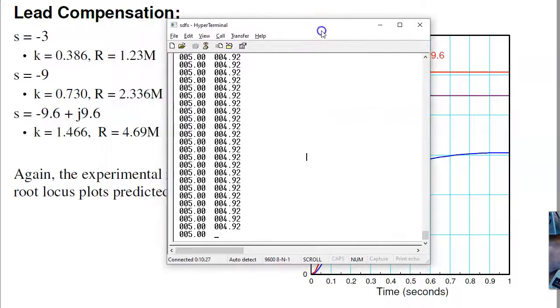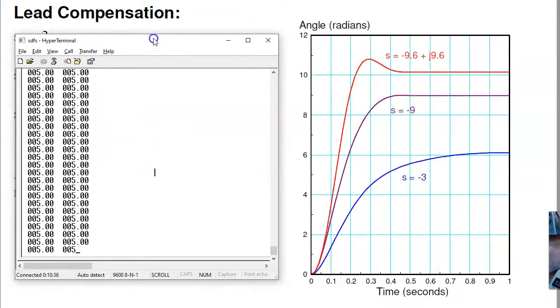Increase the gain, so I'm now at -9 plus j9, 4.69 meg. I get the red line. Notice there's a little bit of overshoot. Momentarily went to 6 and came back.